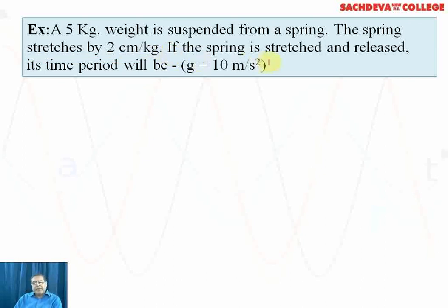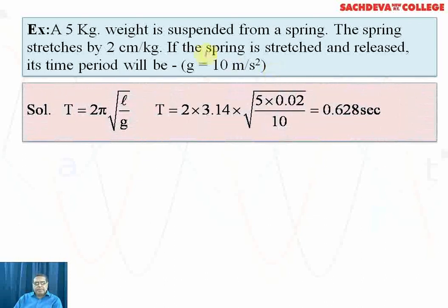So if the spring is stretched and released, what will its time period be? We can take g as 10 meters per second square. This value we take only when other values are not given. Normally the value of g is 9.8 meters per second square, but for simplicity of calculation, g is taken as 10 meters per second square.